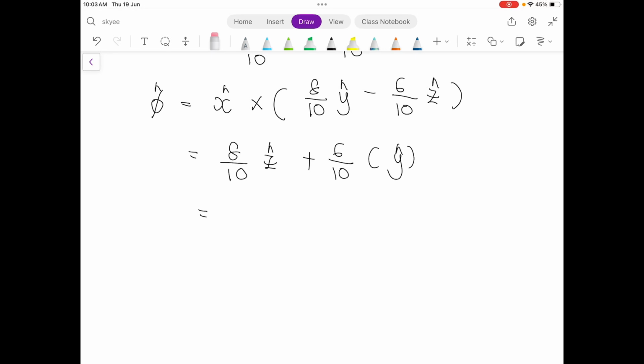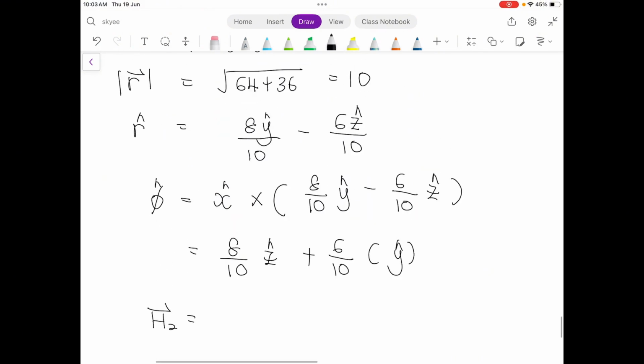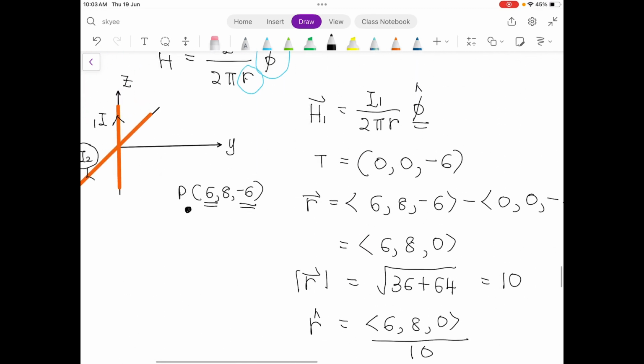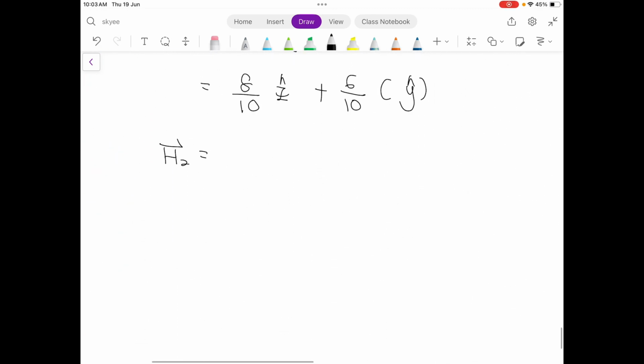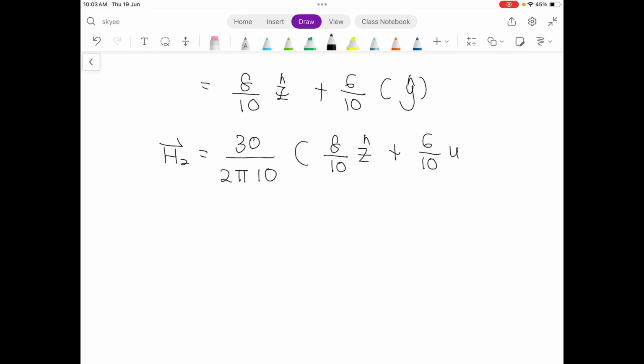Okay, so now we have everything, and we can put it into our H2 equation. First, let's check what our I2 is. According to the question, I2 is 30. So we put 30 over 2 pi, the distance is 10, and then we have this 6 over 10 z, which is our phi component, and 8 over 10 y.